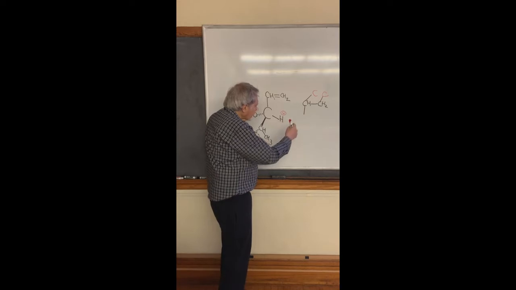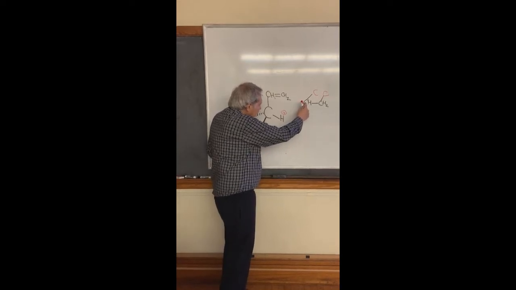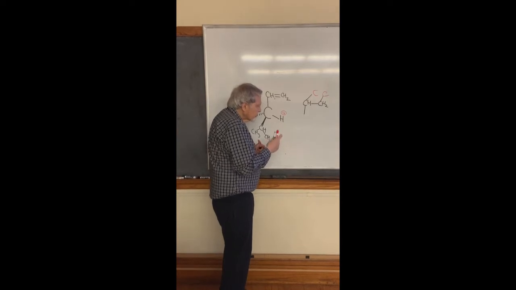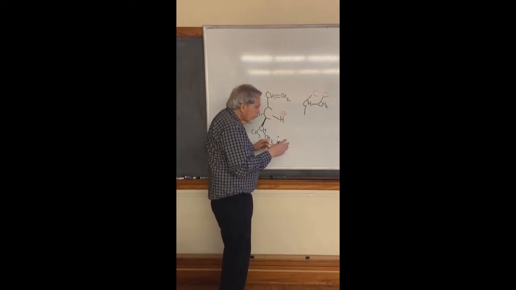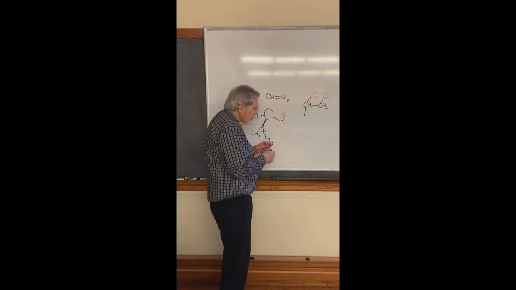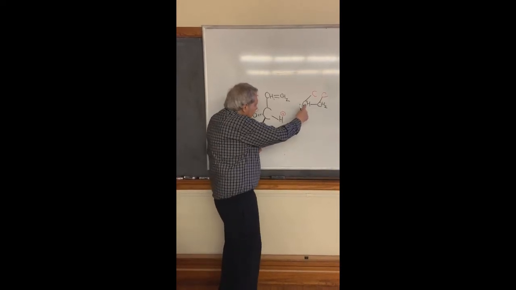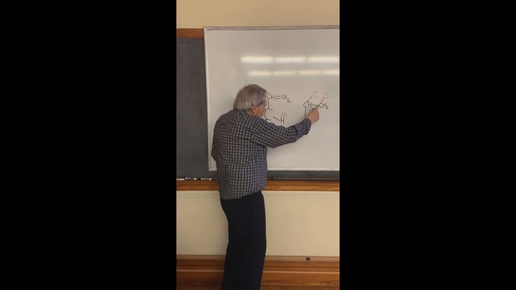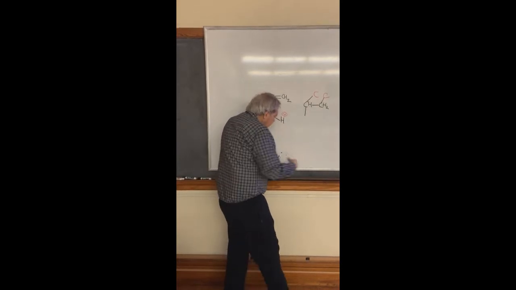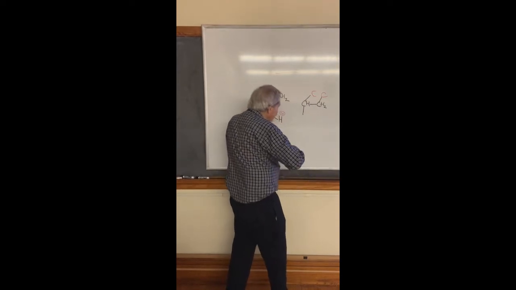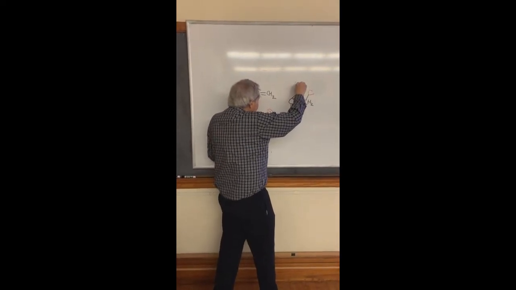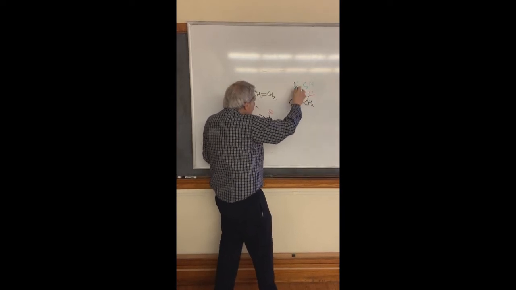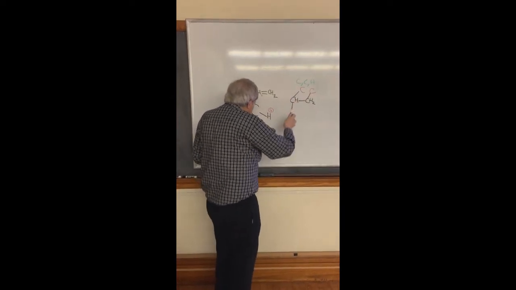We look at the three atoms that this carbon is attached to, and we write them down in order of atomic number, highest atomic number first and lowest atomic number last. This carbon is attached to a carbon, a carbon, and a hydrogen. And so the second tier of atoms there would be C, C, H, right? The carbons first and hydrogen last. The CCH is the second tier of atoms for that group.